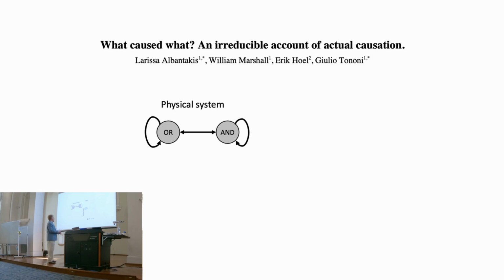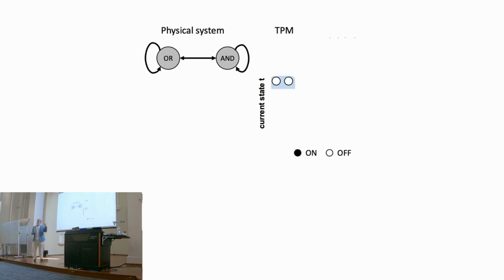Okay, so we're doing this for the brain. What we want is a transition probability matrix where on the columns, we start out by writing all of the possible states that could occur. That's why there's a combinatorial explosion. So for two neurons, as I said, both can be off, one of them can be on, and so on. So let's say both of them are off. And what I'm interested in is, again, the factual and the counterfactual. So I need to know everything that could happen.